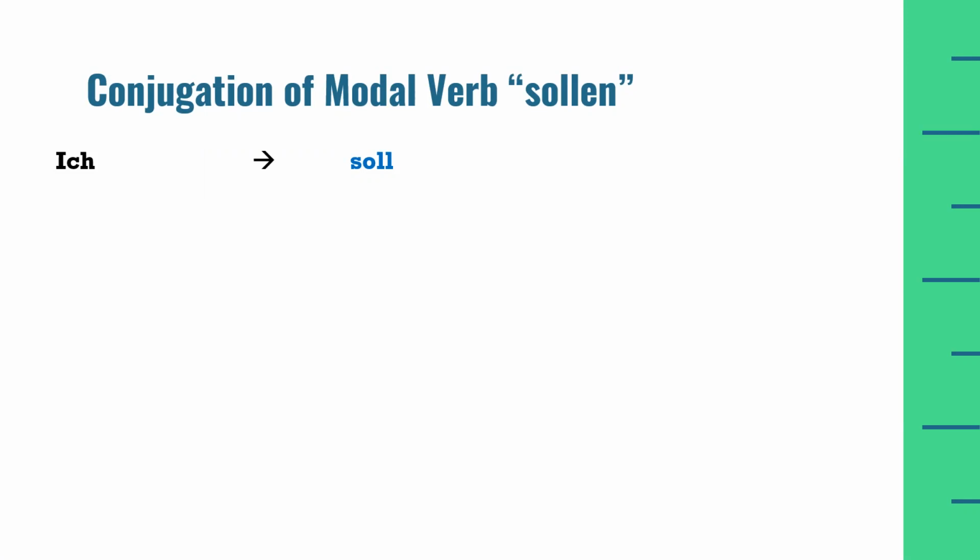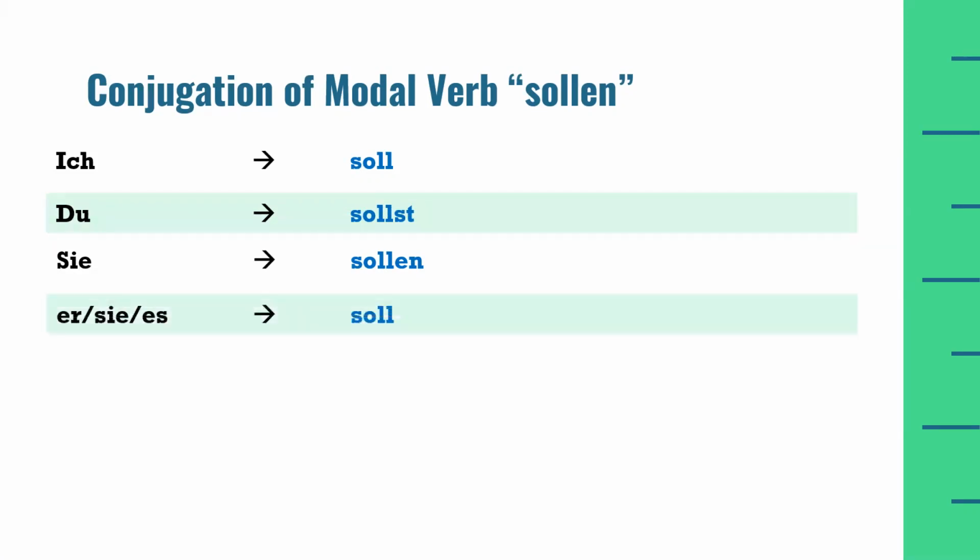If the subject of the sentence is ich, modal verb sollen will become soll. If the subject is du, which means second person informal, then sollen will become sollst. If the subject is Sie, which means second person formal, sollen will remain sollen.